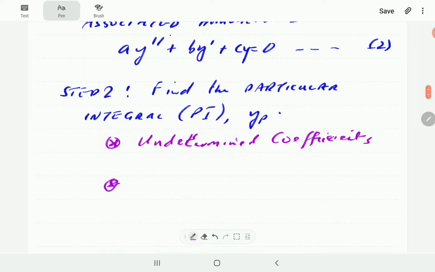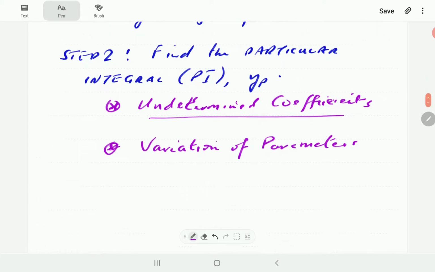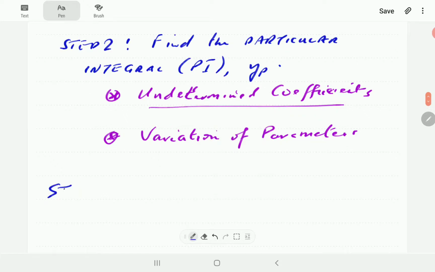There is another method which is called the method of variation of parameters, which we are going to study in a subsequent video after this one. So right now we're just going to focus on this method here.